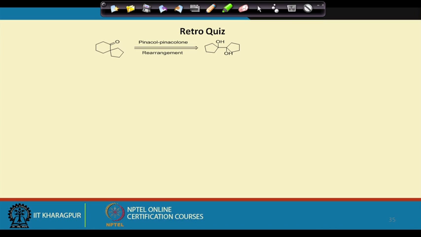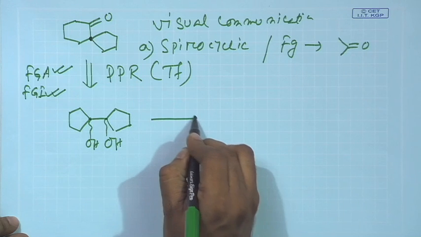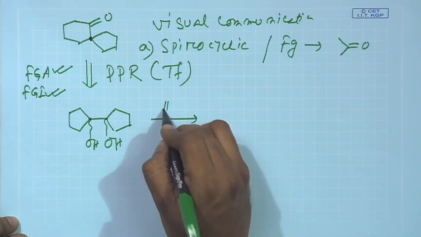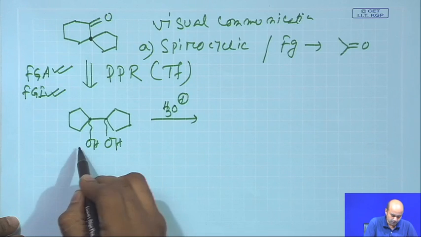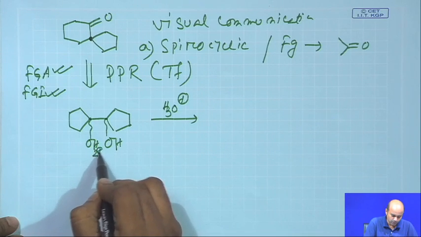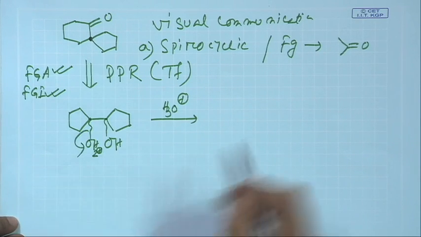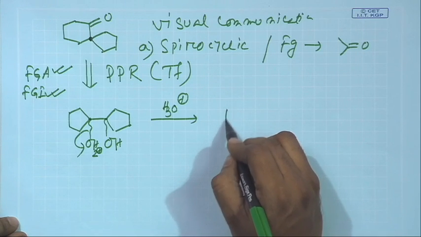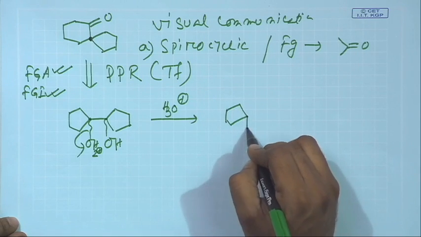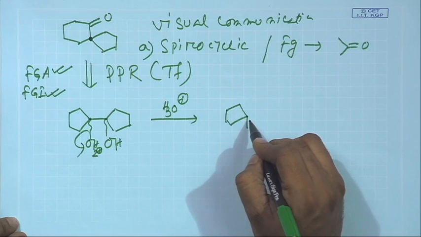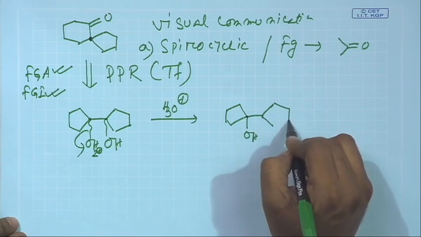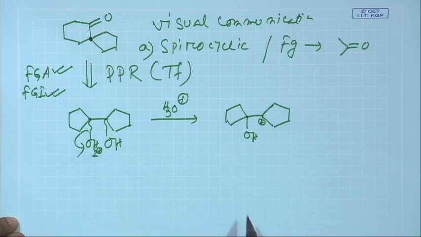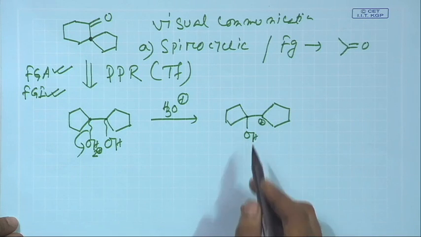Pinacol rearrangement is a very interesting rearrangement which takes place in the presence of mineral acid. You subject this compound to a mineral acid, one of the OH groups will undergo elimination as water, and you will get a carbonium ion here. This carbonium ion will undergo 1,2 migration.